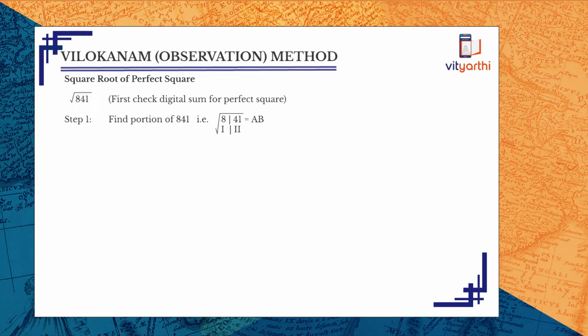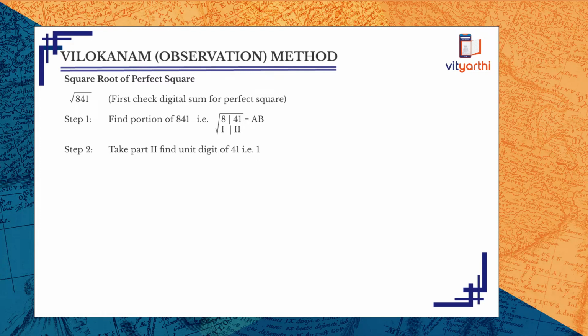Let us assume the root of 841 equals AB. Now we will find the value of A and the value of B. The value of B will be obtained from the right hand side and the value of A from the left hand side. Now the right hand side is 41. Find the unit digit. It is 1.